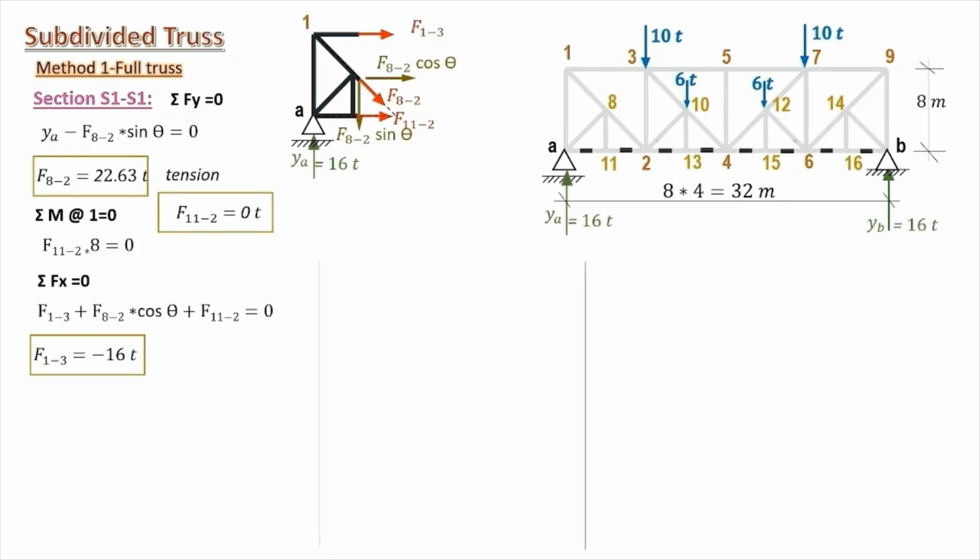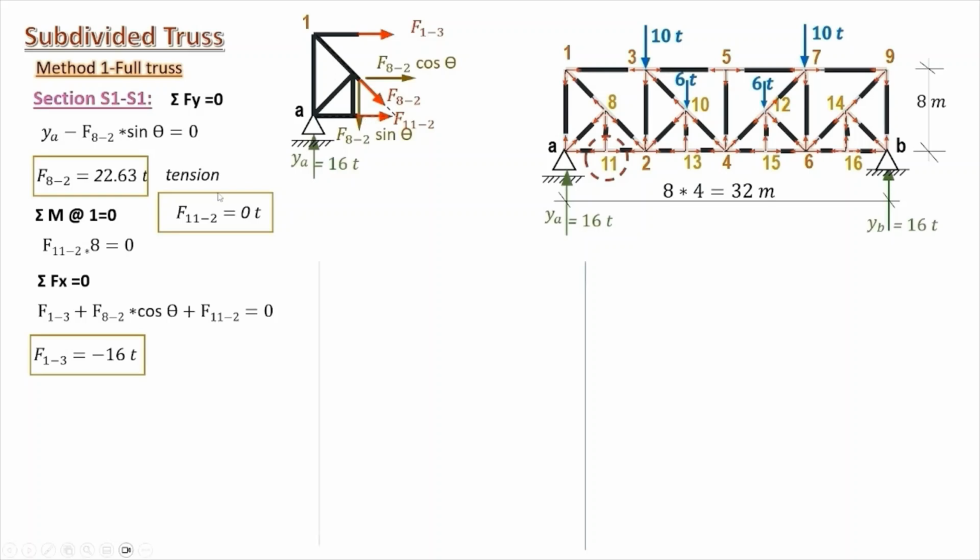We go back to our truss and start our joint method. Starting with the joint 11, we already computed 11, 2 to be 0. Anyway, we extract our joint here, and we take sigma forces in the x direction equals 0.